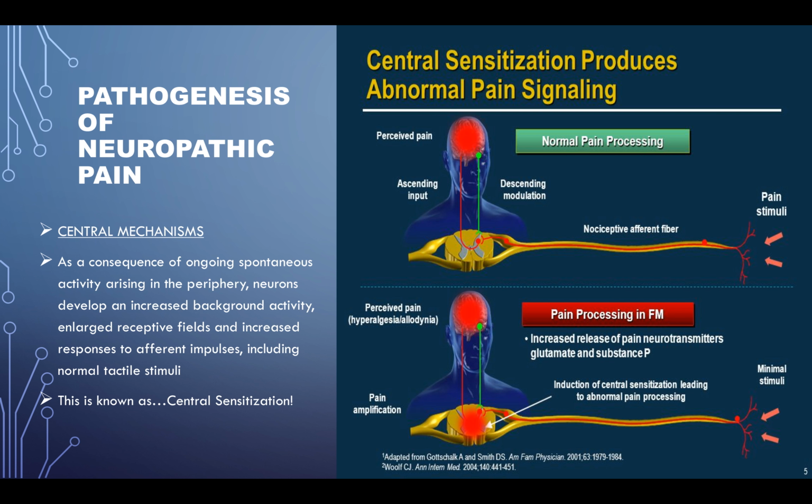And you can see that increase or upregulation of neurotransmitter release, such as glutamate or substance P. Your brain's going to perceive the pain, but then it won't have that descending modulatory pathway working as efficiently as it could because you've just got too much fuel on the fire in that central pain pathway.